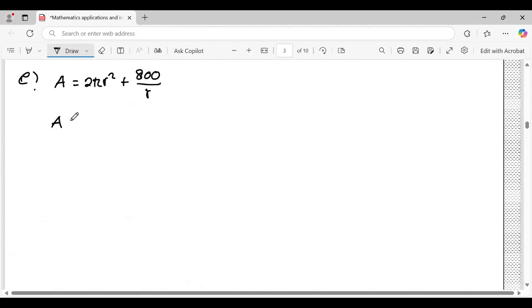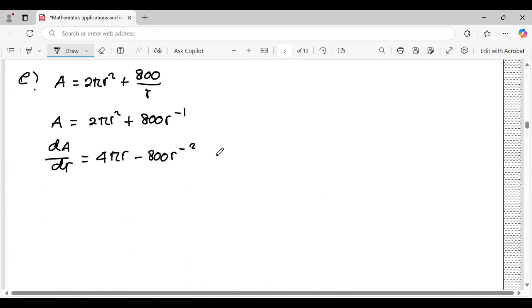I would like to write it as 2 pi r squared plus 800 r to the power minus 1. So dA/dr equals 4 pi r minus 800 r to the power minus 2, or 4 pi r minus 800 over r squared. This is part 1.